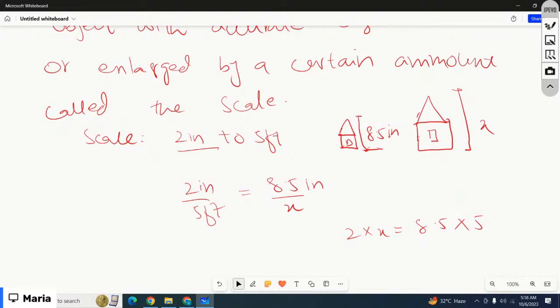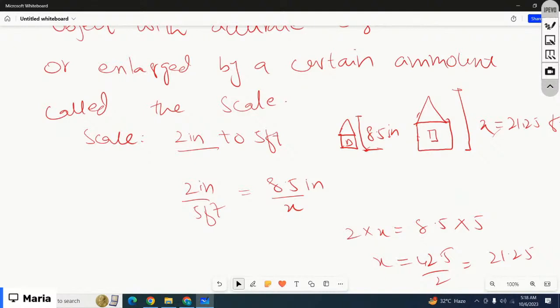So 8.5 times 5 is 42.5, and you need to divide it by the 2. So that would be 21.25, right? So that means the value of the original drawing is 21.25 feet, right?